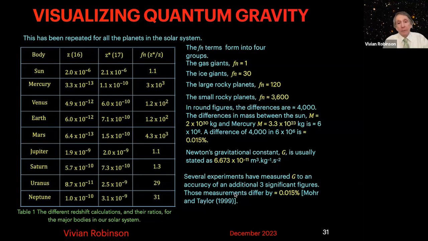Those measurements differ by about 0.015%. So these differences are approximately the same in percentage terms, even though some of these absolutes look large, but in percentages, they're quite small.